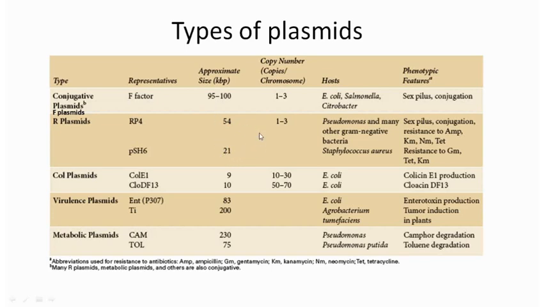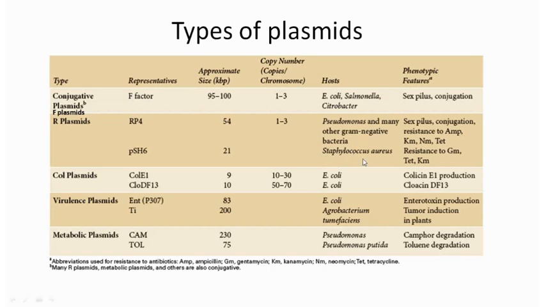They are quite large plasmids, and their copy number is comparatively low, and they are found in Pseudomonas and many other gram-negative bacteria. The R plasmid was first found in Shigella dysenteriae from Japan, and later on it was seen that it acquired many antibiotic resistance properties, and many bacteria actually have this.